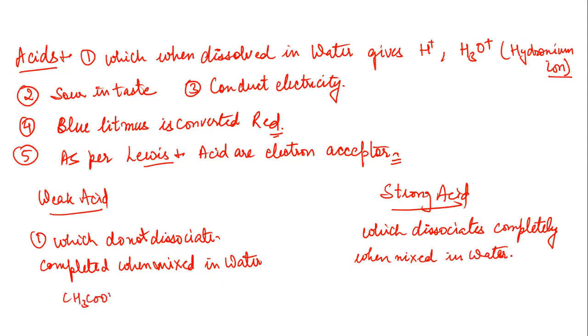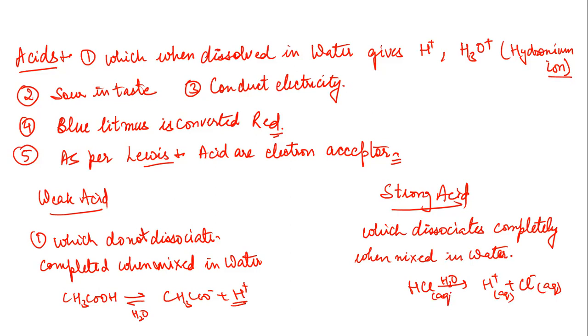Example, weak acid is CH3COOH. When it is dissolved in water, it gives you CH3COO negative plus H positive. Like HCl, when dissolved in water, gives you H positive plus Cl negative. This is aqueous. Always remember, all mineral acids are strong.